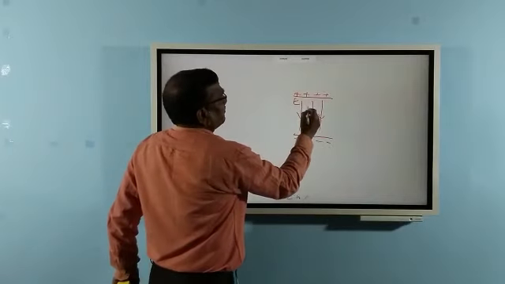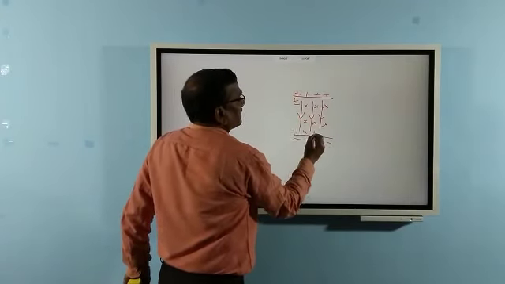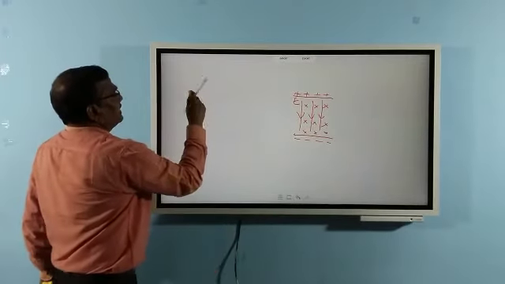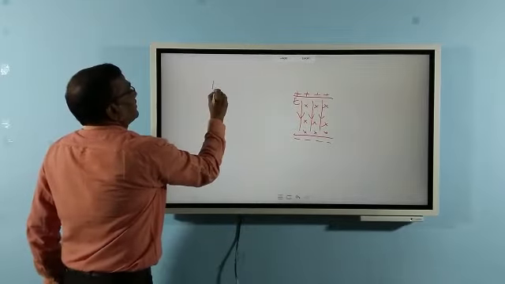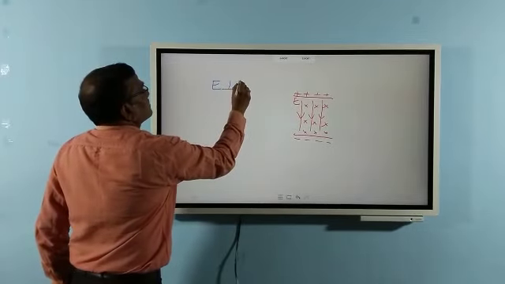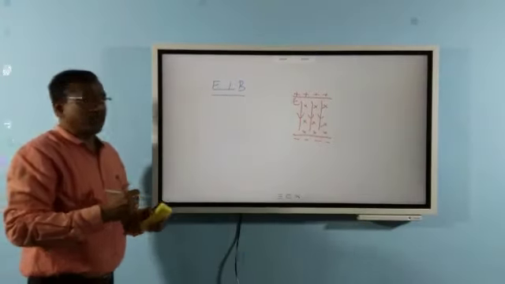At the same time, we apply a magnetic field perpendicular to the electric field. That is the adjustment we have done.